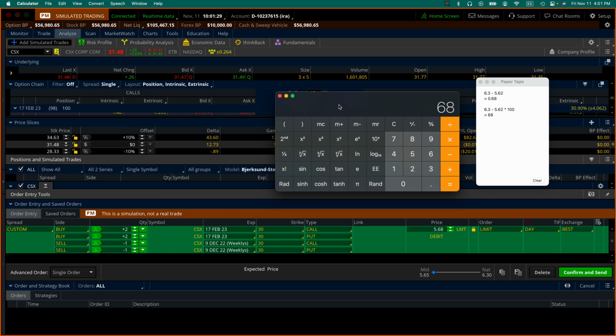Sorry, it's 0.68 divided by 6.3, and that gives you 10%. 10% is just too high. We need this number to be 3%, not 10%. So that's a big no-no as well. We are not trading this, it's just not a good trade.